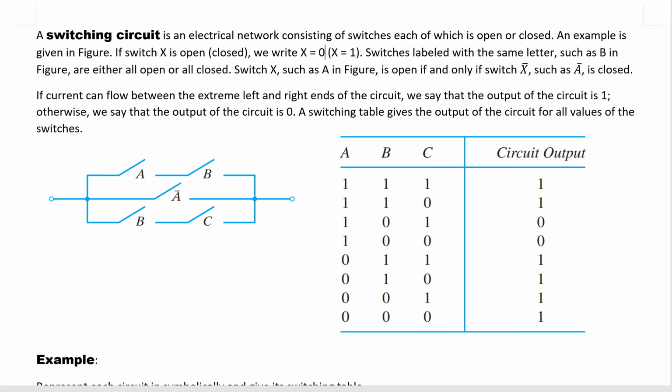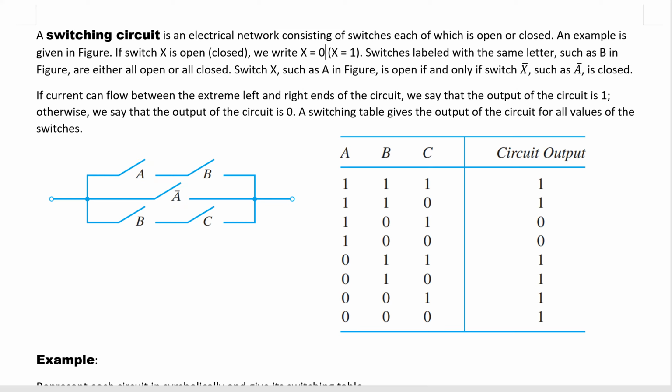The switches labeled with the same letters, such as B in the figure, are either all open or all closed. Switch X, such as A in the figure, is open if and only if the switch X bar, such as A bar, the NOT A, is closed. So if A is open, then A bar is closed. If A is closed, then A bar is open. Okay, because they're NOT.